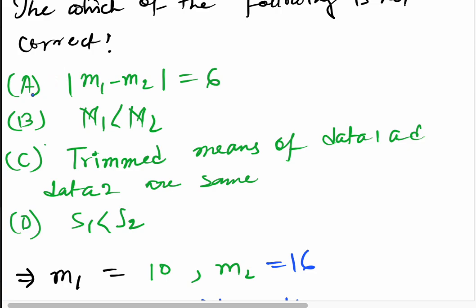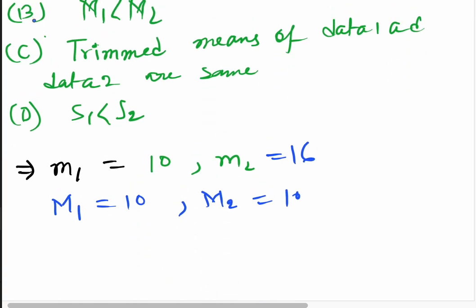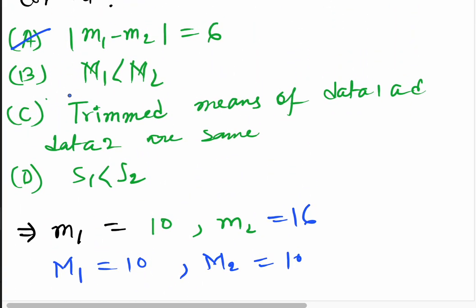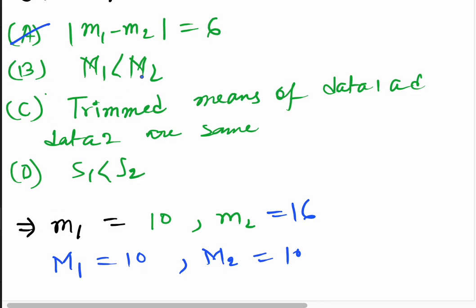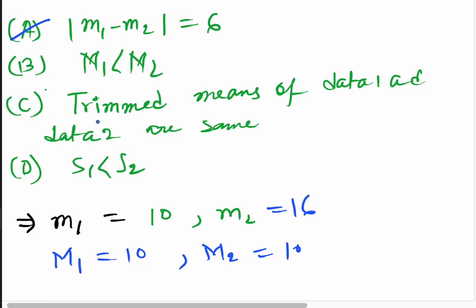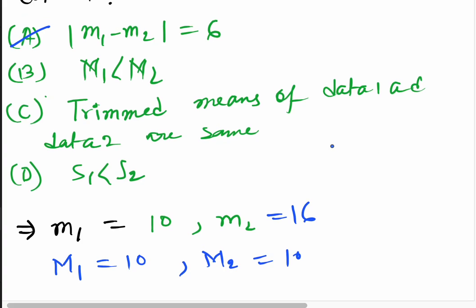Now the first one, this is true, and you can see that B is not true, because m1 and m2 are not equal, but here it is less than. And trimmed means of data 1 and data 2.